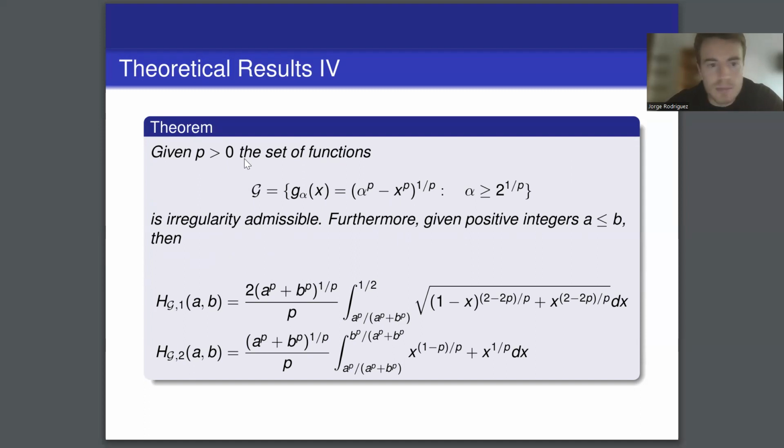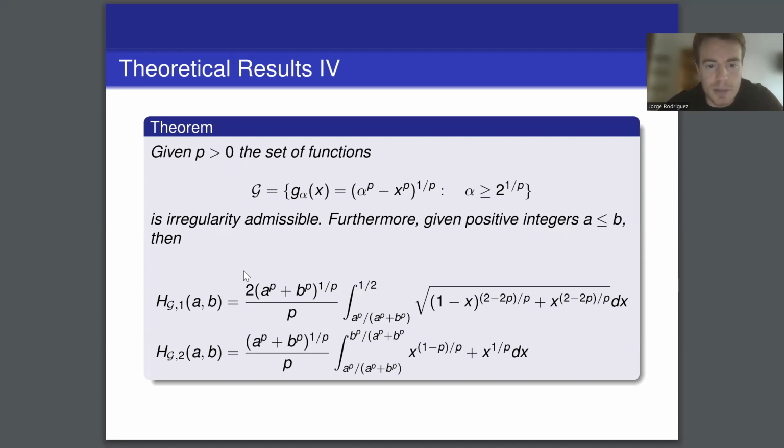Given p strictly bigger than 0, the following set of functions, G of alpha with the functional form (alpha to the power of p minus x to the power of p) all to the power of 1 over p, for every value of alpha bigger or equal than 2 to the power of 1 over p, is irregularity admissible. Furthermore, given positive integers such that a is smaller or equal than b, then we can compute the length of the graph and the area under the graph in the following way.